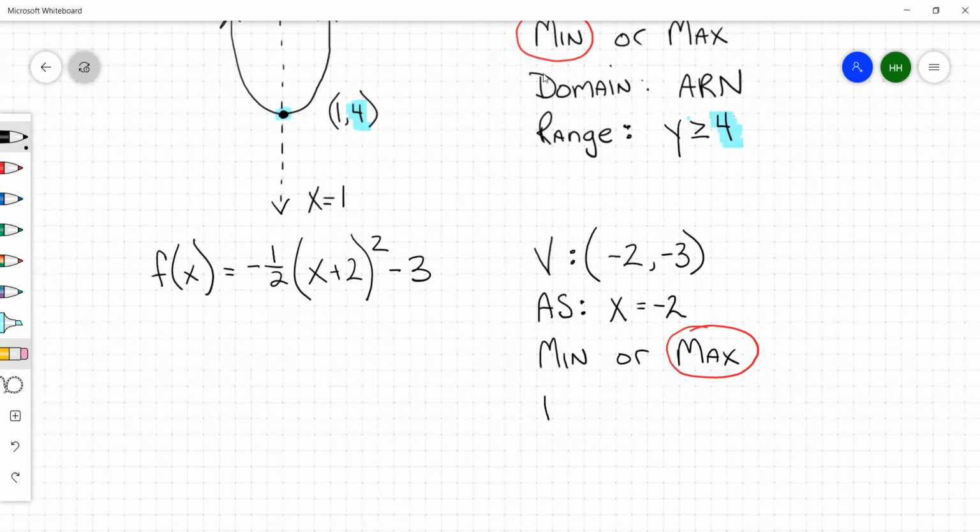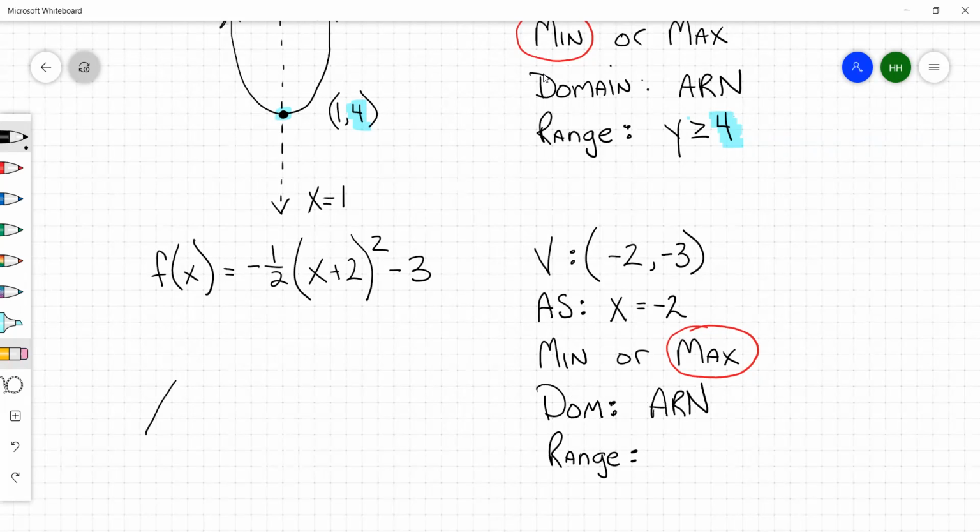The domain, again, it's all real numbers. You can put anything you want in for the x. The range is what has limits. Now, the range of this function. All of the y values, that's what we mean by range. All of the y values for this function.